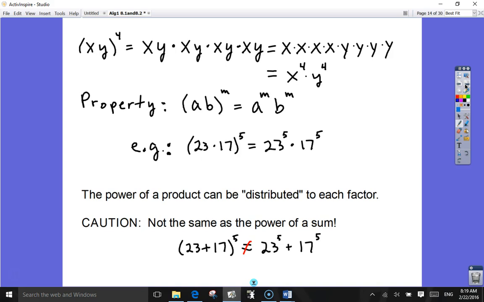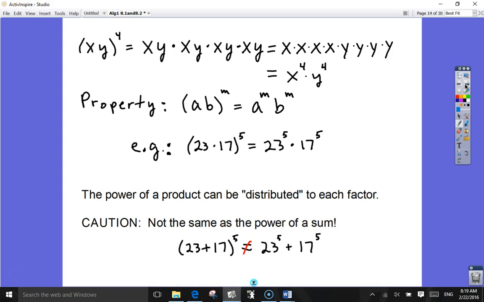So what you can see is that the exponent of 4 you could move inside onto the x and onto the y. Most people will say distribute. It's not really the distributive property, because distributive is when you have multiplying outside parentheses, and we know what that is. But if you want to think of it like distribute, that's fine too.